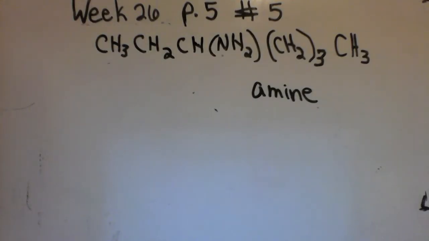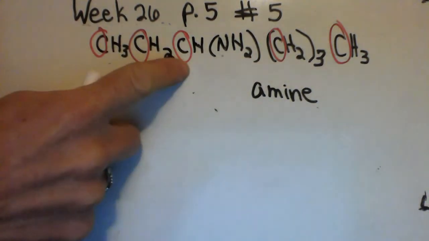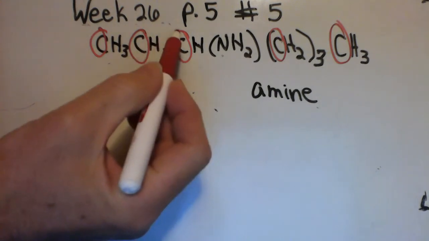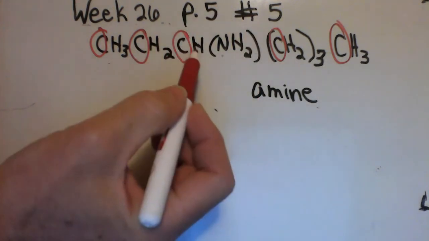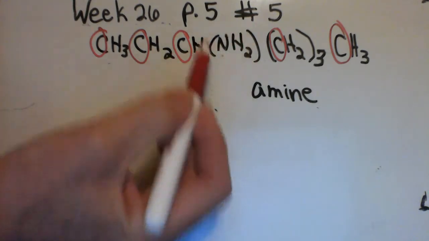Now if we look at the structure of this molecule, we see that there's a chain of carbon, and the 3rd carbon here is bonded to the carbon before it and the carbon after it, that's 2, the hydrogen, and it's also bonded to this ammonia group.